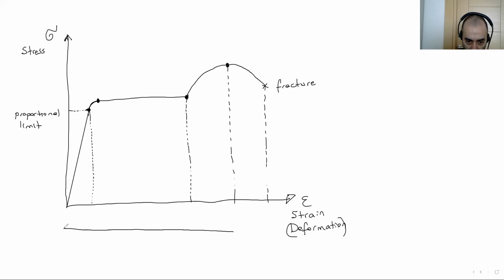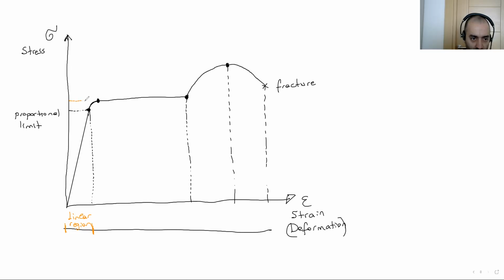The regions, let me write here. This portion is linear region. After this point, the linear behavior stops, but there is a curved behavior here.